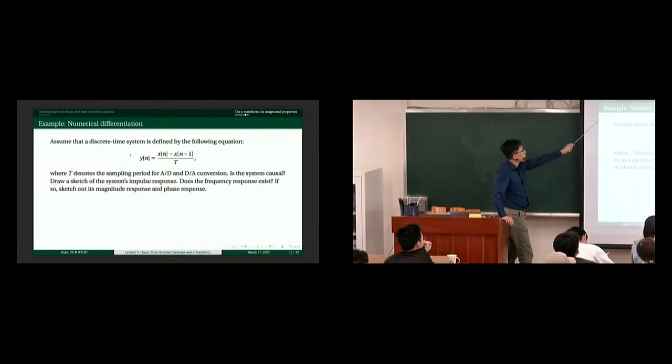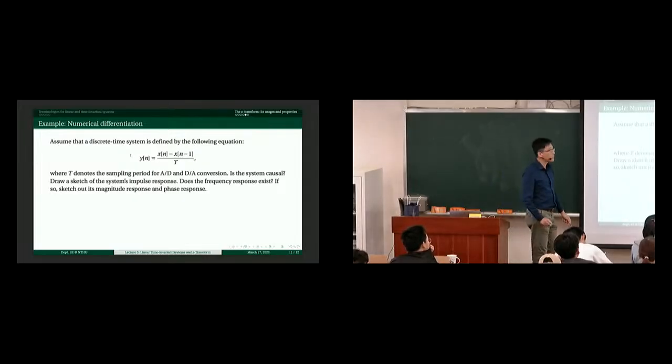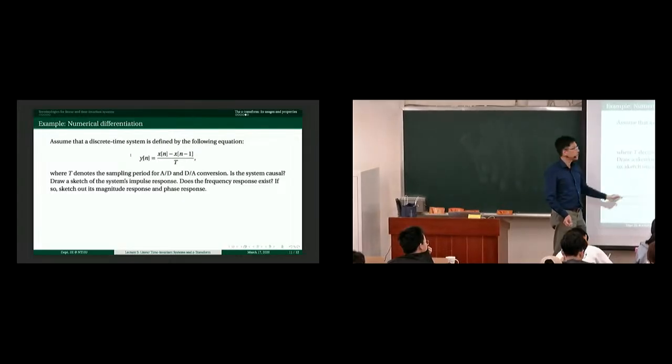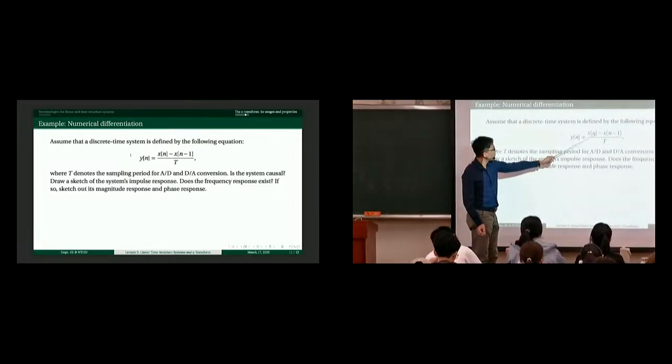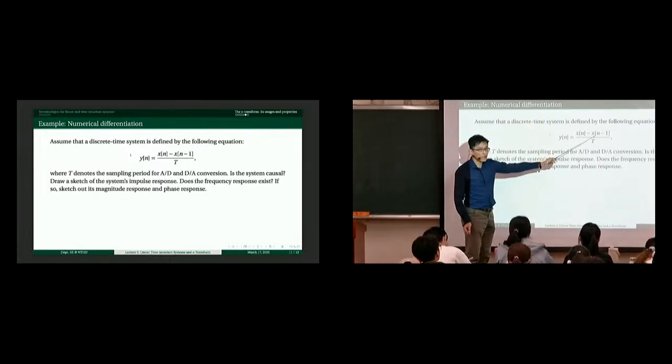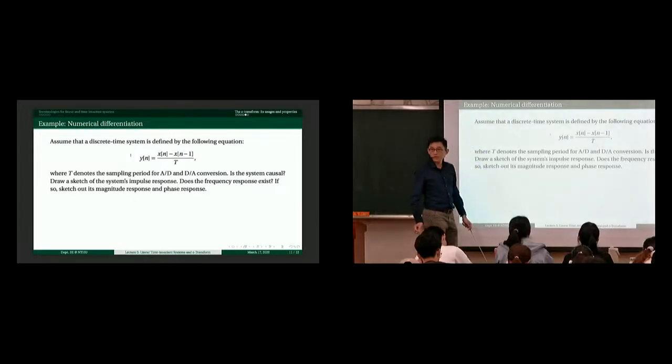I call this system a numerical differentiator, because it resembles differentiation: one sample minus the past sample, divided by how much time has passed, one sample.